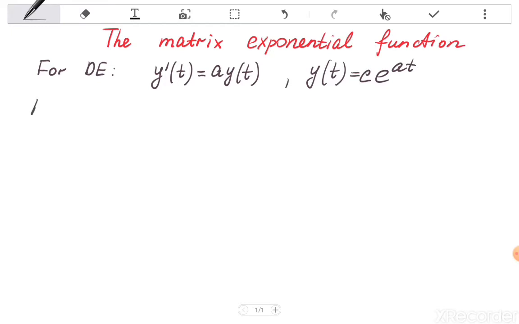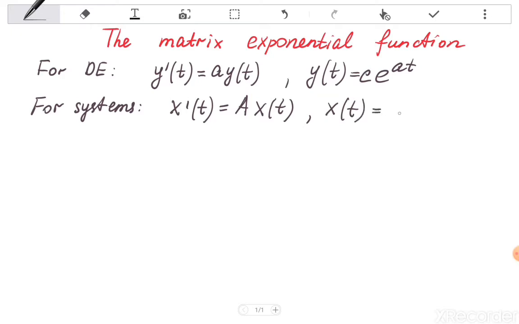And for systems, now x is a vector and A is a matrix. We want the solution to be e to the At, the matrix, times some constant vector c. So what is this thing here? This is the matrix exponent.